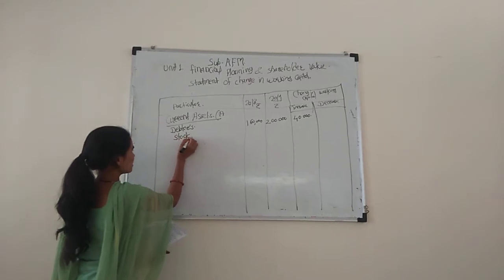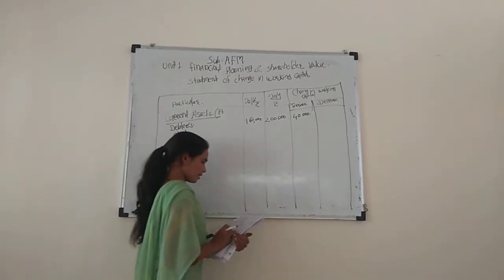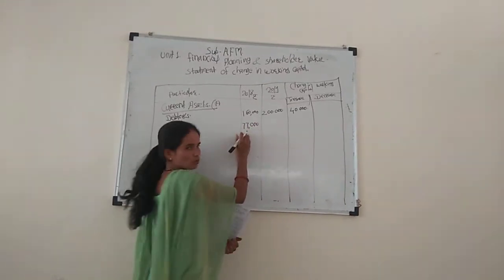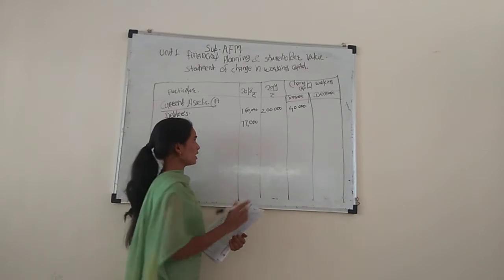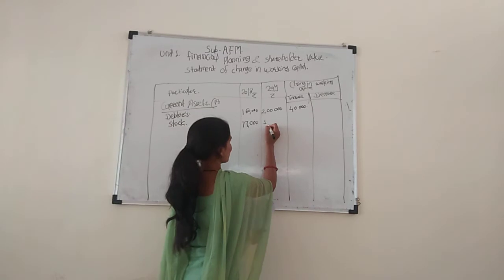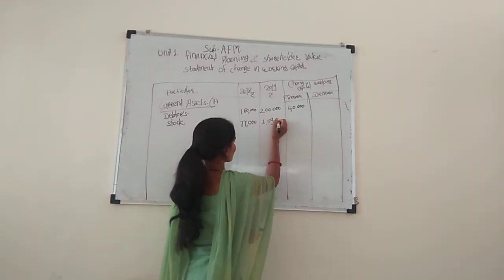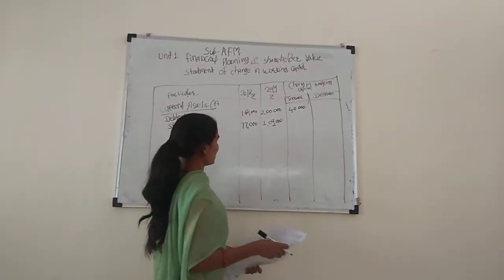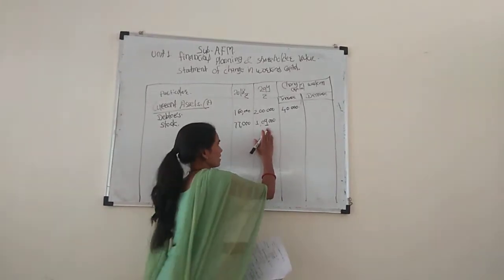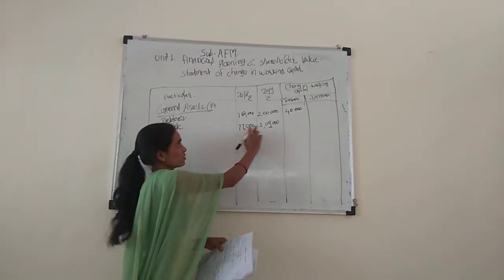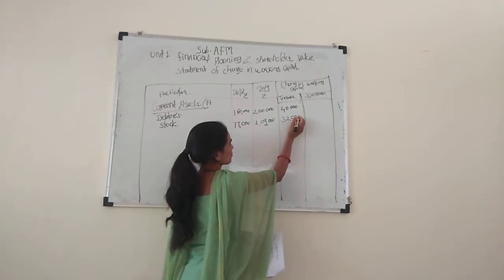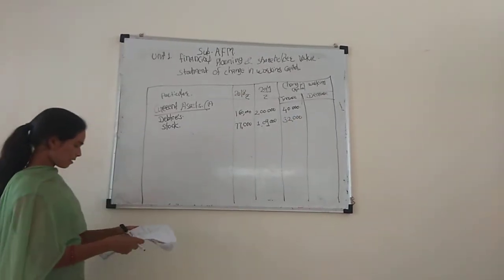Stock is a current asset: in 2018 it was 77,000 and in 2019 it was 1,09,000. 1,09,000 minus 77,000 is equal to 32,000, an increase in stock.